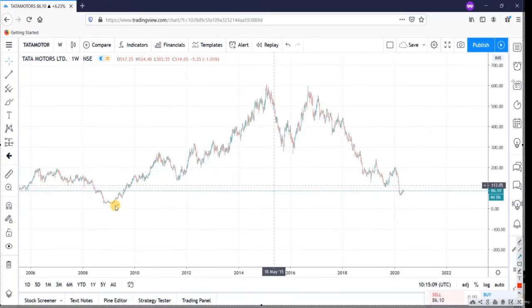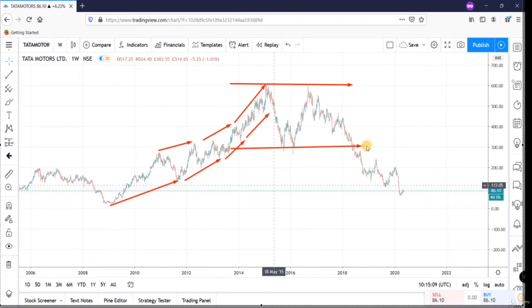You can see here there were higher highs and higher lows. So the current trend for this period was uptrend, but after this uptrend there was a sideways range. The current trend was sideways and currently prices are going in downward direction. So the current trend on weekly time frame chart is downtrend because there are lower highs and lower lows.